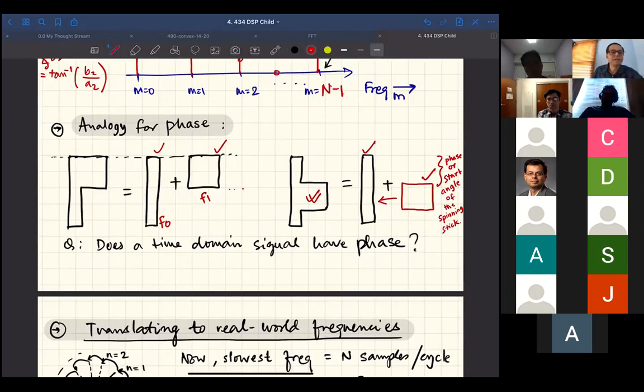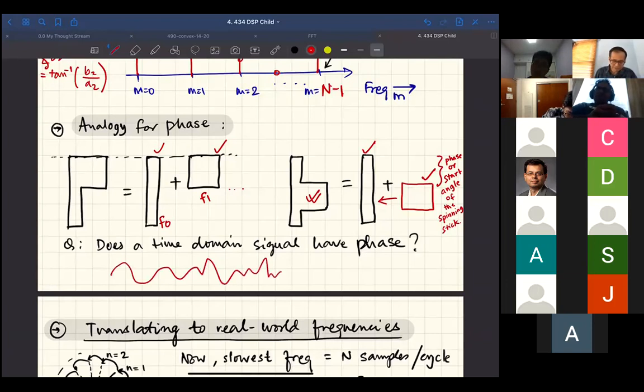Does a time domain signal have phase? Maybe, I don't think so. You have to convert it to frequency first. Exactly. What is the meaning of a phase of a time domain signal? There's no meaning. A time domain signal looks like that. There's no notion of a phase.